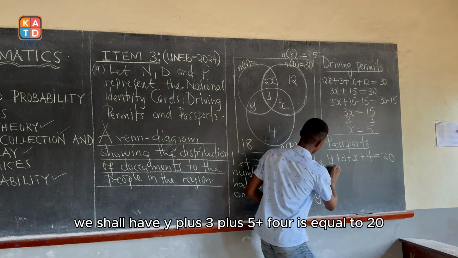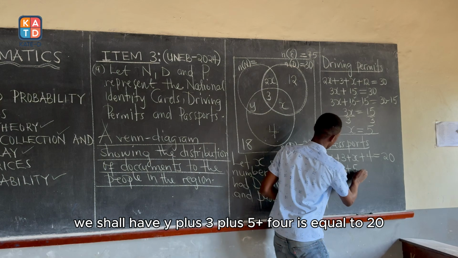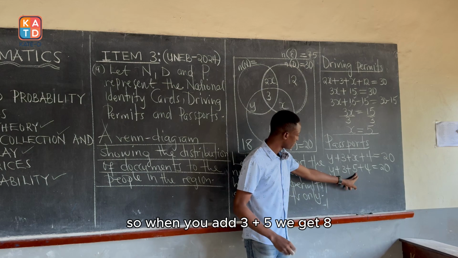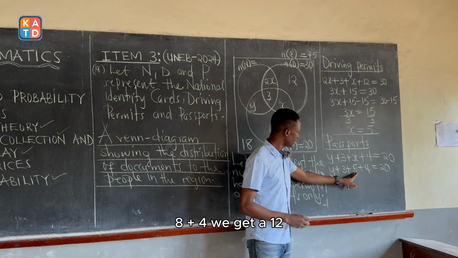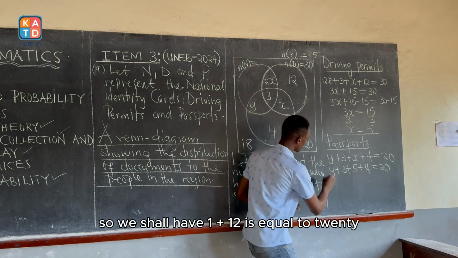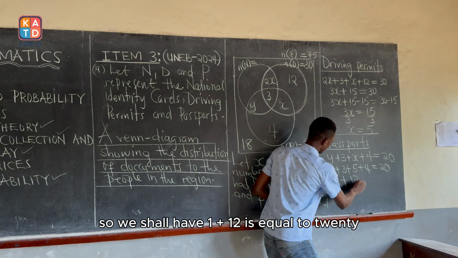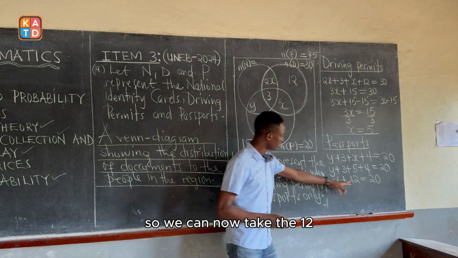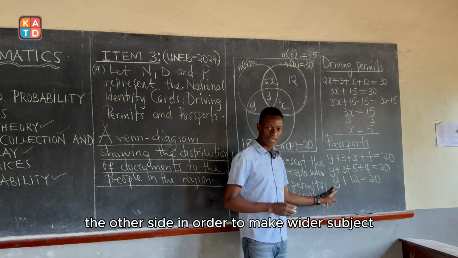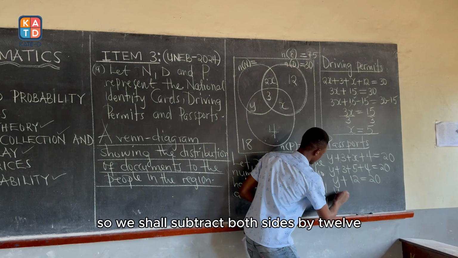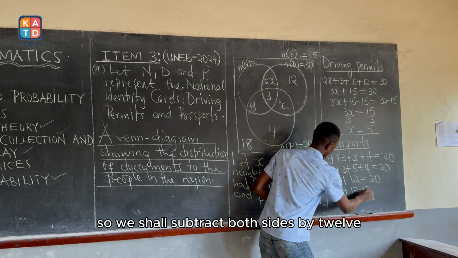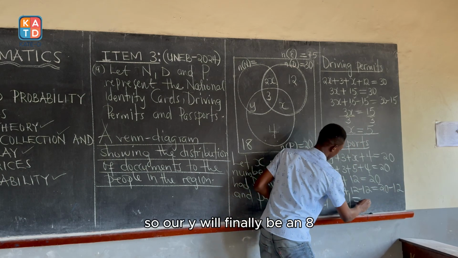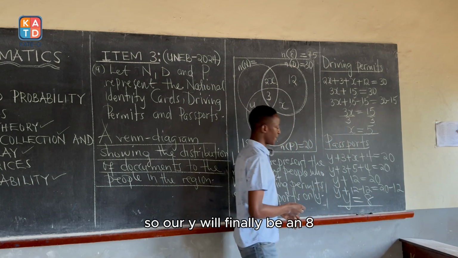So we shall have y plus 3 plus 5 plus 4 is equal to 20. 3 plus 5 gives 8, 8 plus 4 gives 12. So we shall have y plus 12 is equal to 20. We can now take the 12 to the other side in order to make y the subject, so we subtract 12 from both sides. So our y will finally be 8.